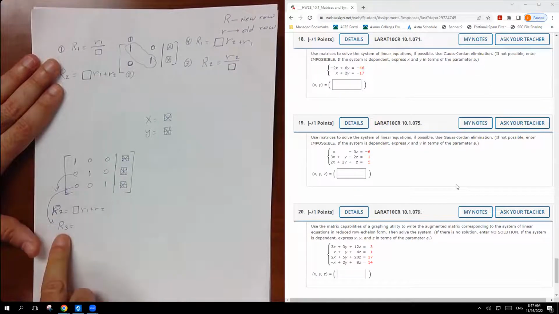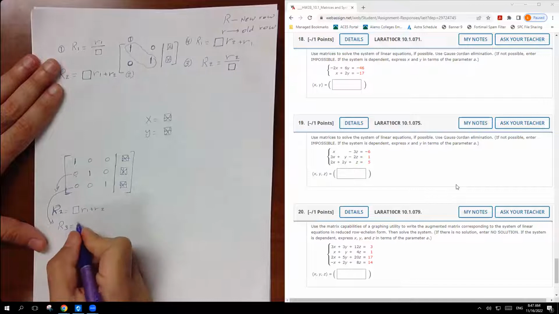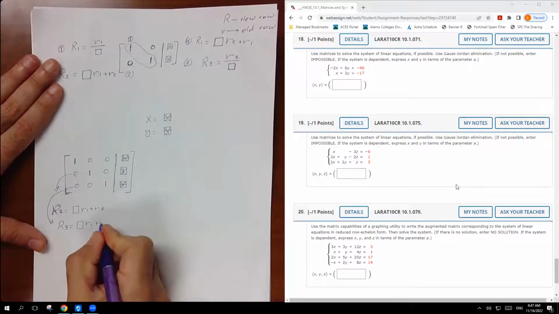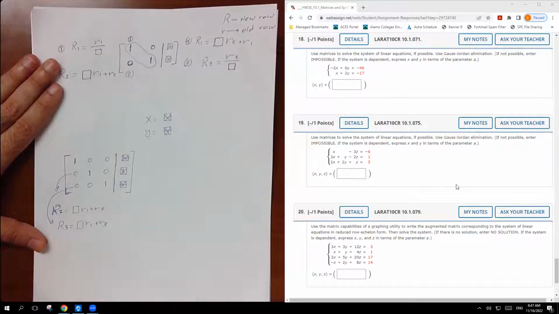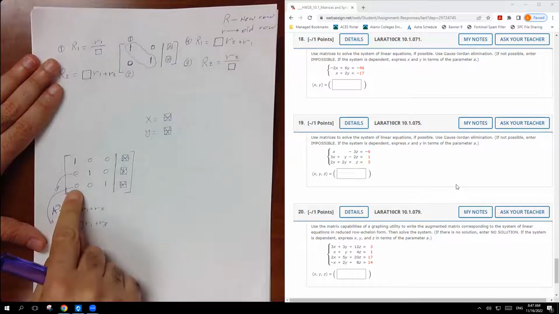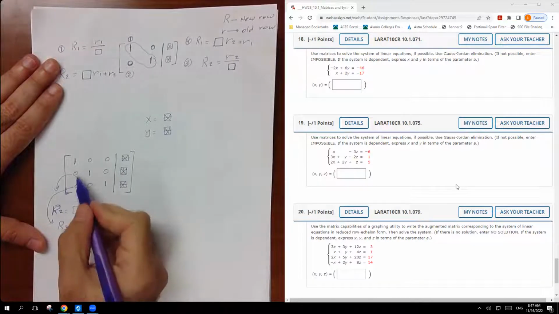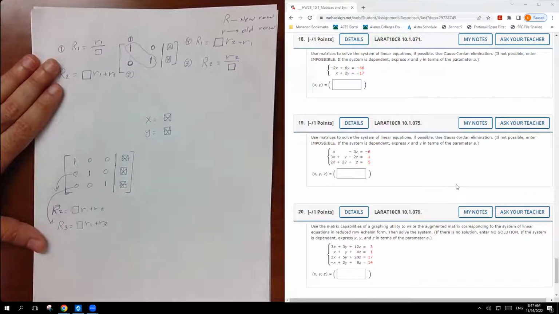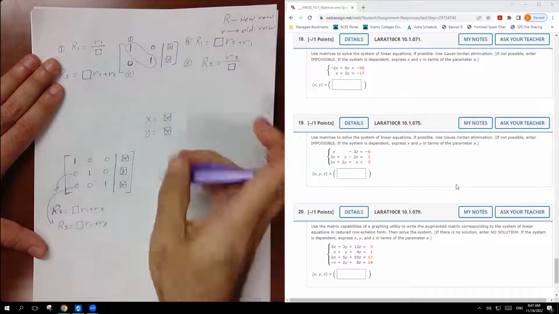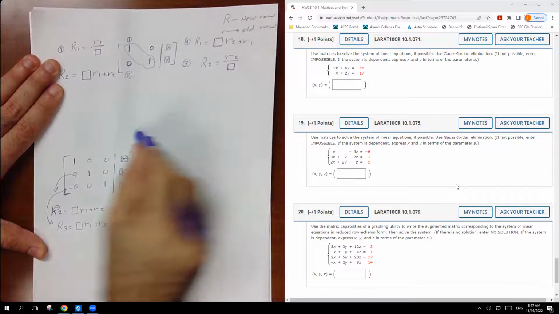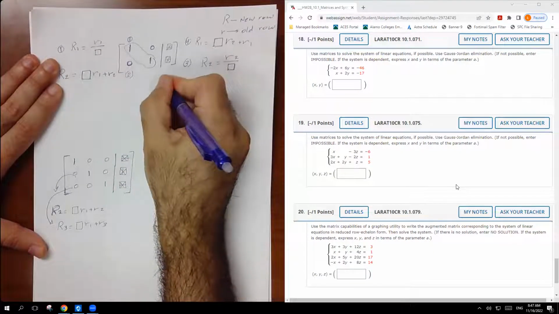How are you going to get a new R3? By doing the same steps with the first row, and you're going to add R3. So the number here is positive, you're going to put negative. The number here is negative, you're going to put positive. So these are the two steps to get these two zeros. Okay? I'm trying to write down all the rules to make everything easier for you.